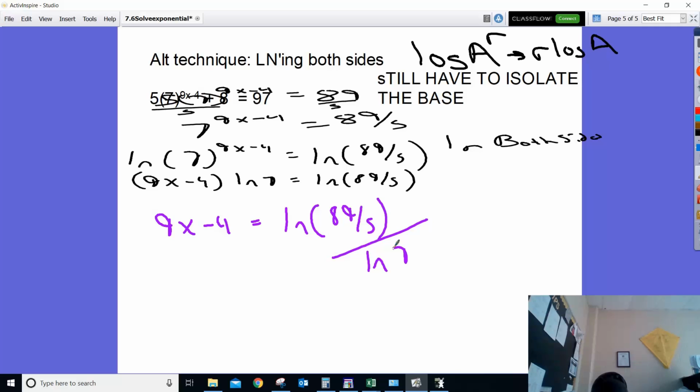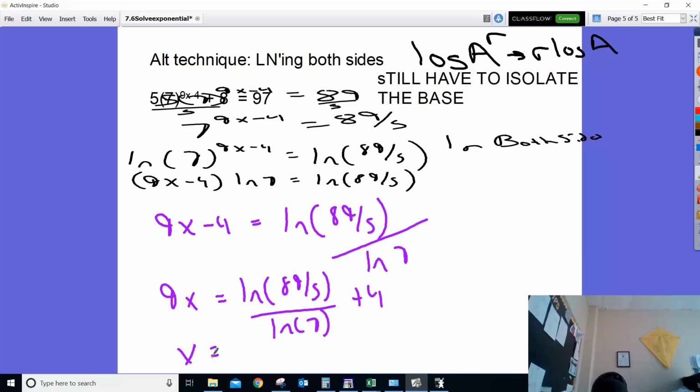What are we going to add to both sides? 4. You all right, girls? Yeah. Last step, we divide out 9. Well, anyways, throw the whole thing over 9.